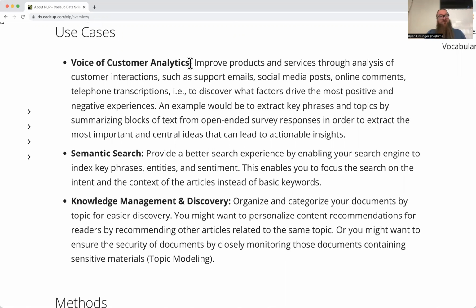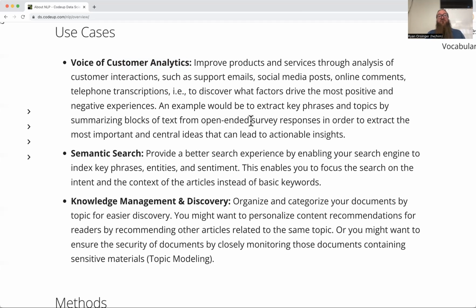Things that are making huge waves right now is NLP researchers and practitioners giving voice to customers. So if you have enough employees to read customer reviews, that's great. But if you have thousands of customer reviews coming in a day, you need to know if they like you, they hate you, or what's going on.